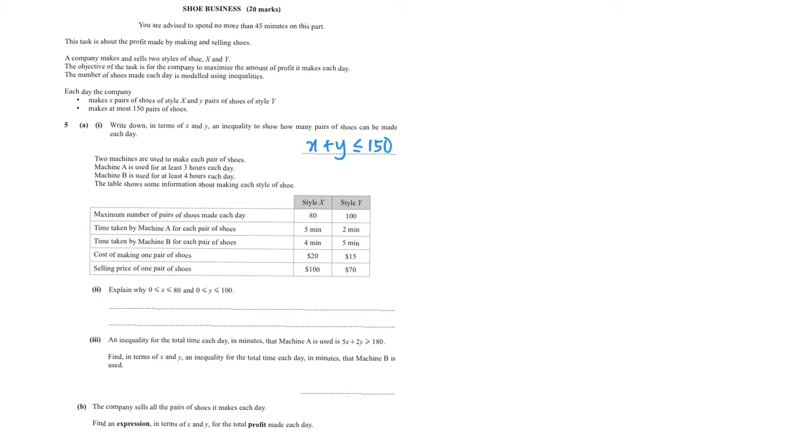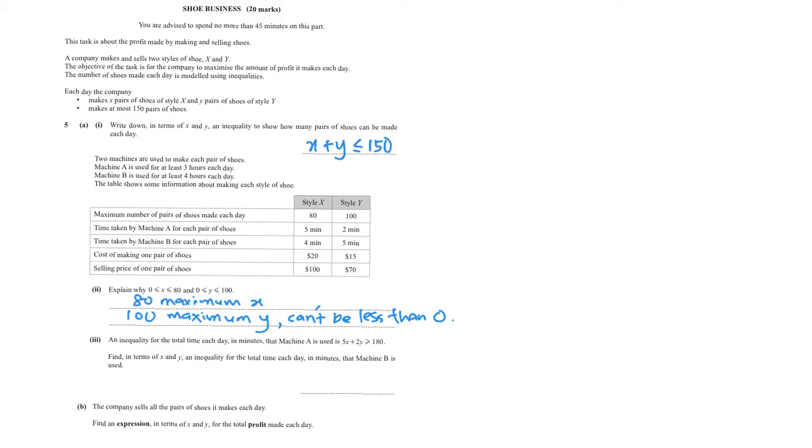So we can explain that 80 is the maximum number for X and 100 is the maximum number for Y, and both cannot be less than 0. It cannot be a negative number of shoes. It will be very strange if you say that I have negative 3 pairs of shoes.